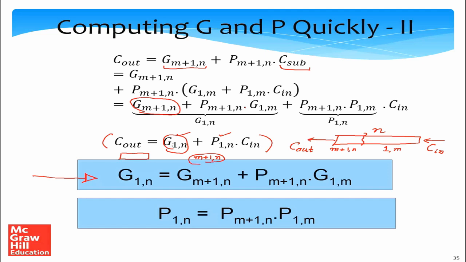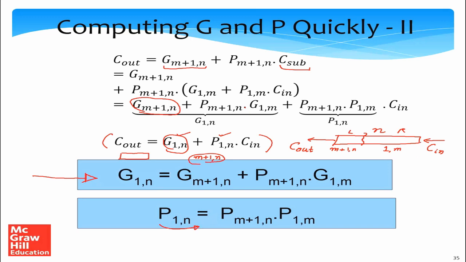So for the generate function of 1 to n bits, when will this n bit block actually generate a carry? Let's call this the left block and this the right block. It will generate a carry when the left block is generating a carry, or the left block from m plus 1 to n is propagating a carry and the right block is generating a carry. In this case, the carry will be generated and will get propagated till the end. Now when is the n bit block propagating a carry?